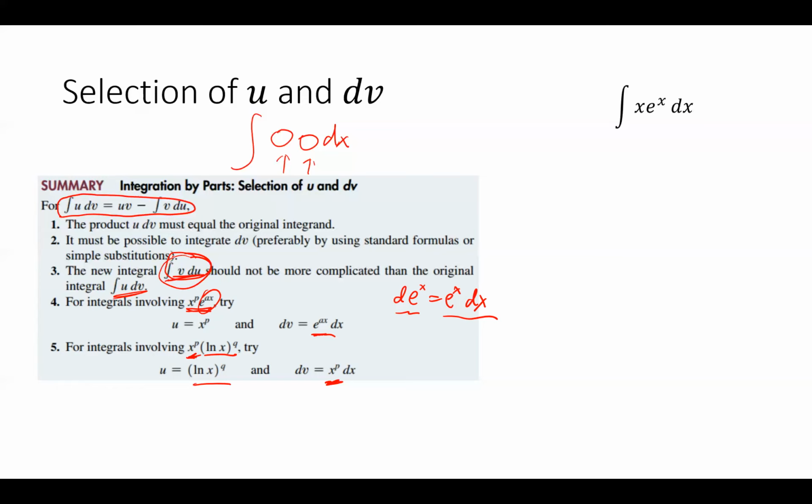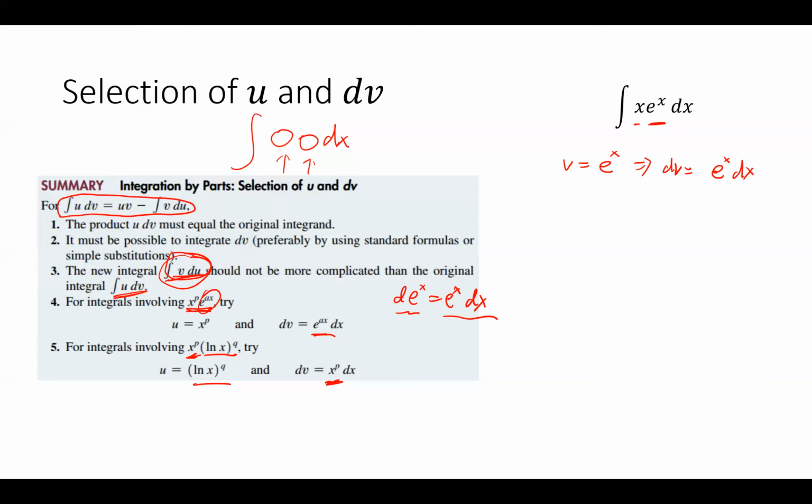So here we have one example on the two functions, x and e to the power of x. Based on our previous analysis, we can let e^x go to function v. So basically v is equal to e^x, which also means that dv is equal to e^x dx.